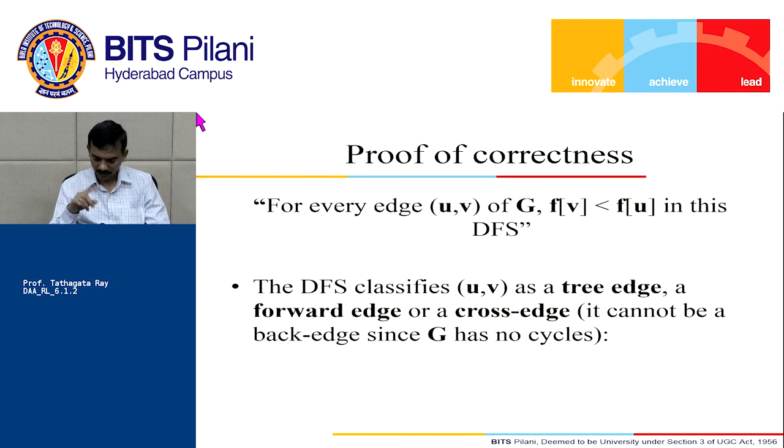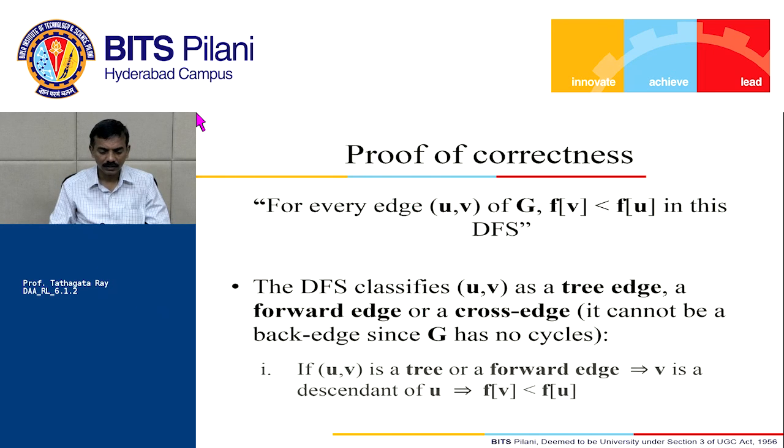Having a cycle means there is a cyclic dependency, but in the very beginning I said the assumption is that there are no cyclic dependencies. It's not like task A is dependent on task B, which is dependent on task C, and task C is dependent on task A. That cannot happen. Such cyclic dependencies are excluded, which means that in my graph I will never have a back edge.